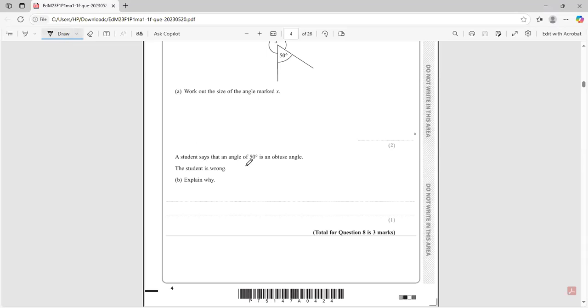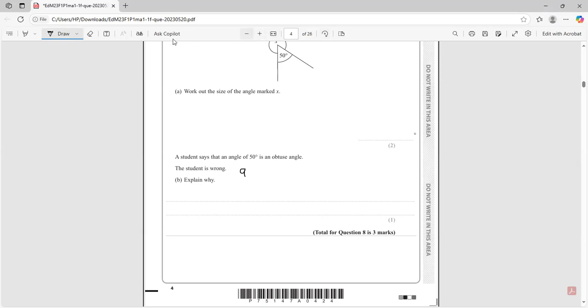All right. So for the groupings of angles, the smallest angles are the ones that you call acute angles.